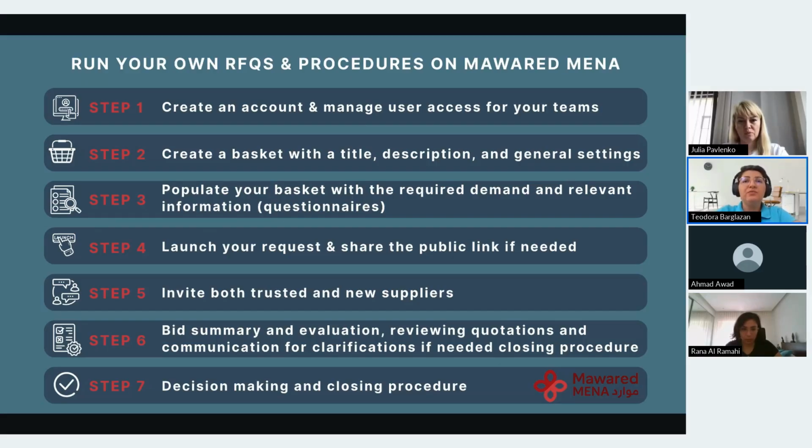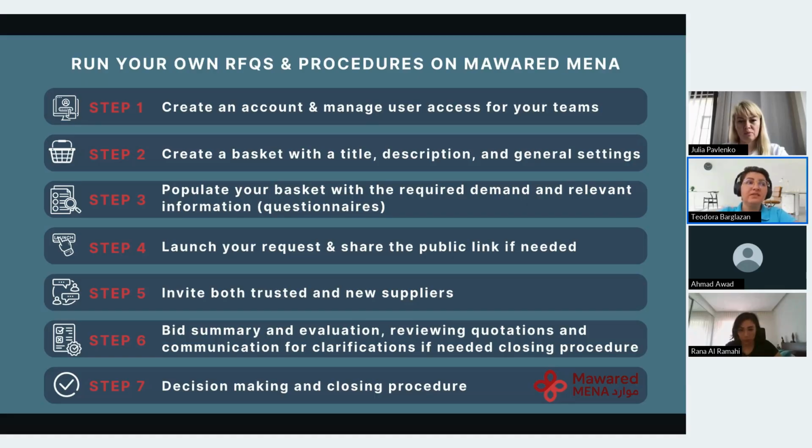In step four, you can through the platform add both existing suppliers, so trusted suppliers that are already in the network, but also you are able to onboard new suppliers with our support, of course.